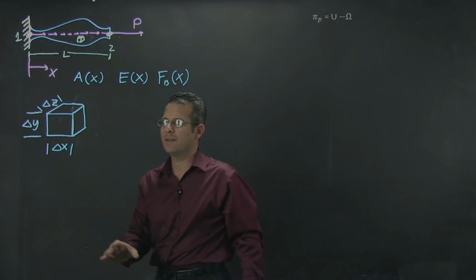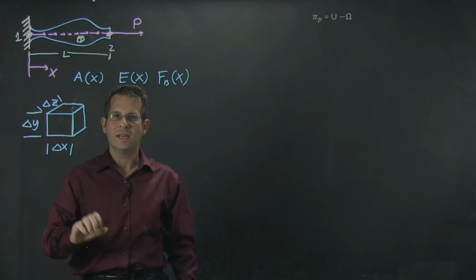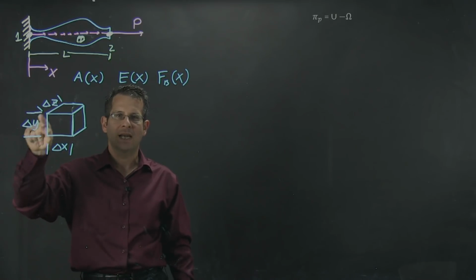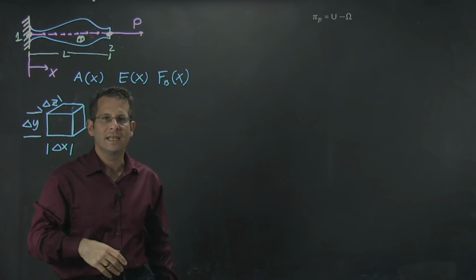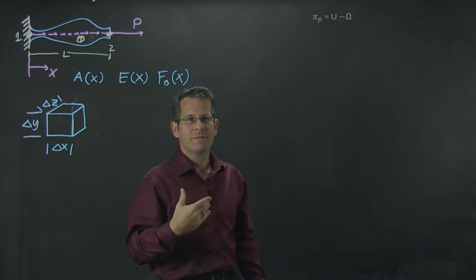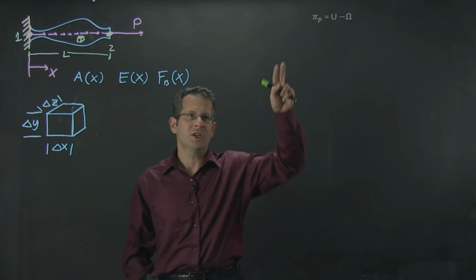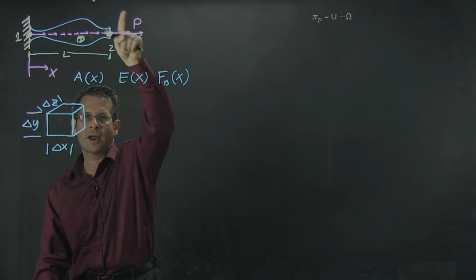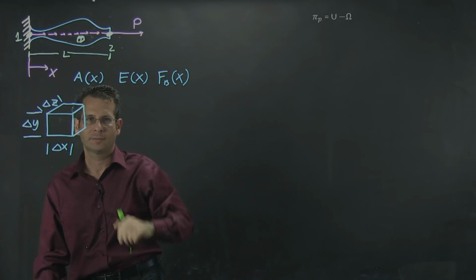So let's see if we can first find the total strain energy stored inside this differential volume and see if that'll help us find a function for the total potential energy stored in the entire bar.